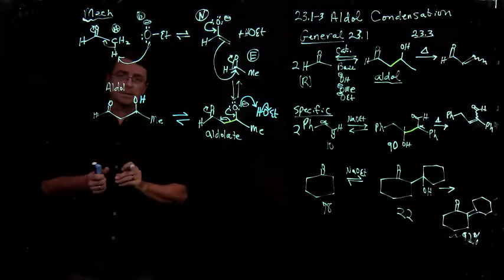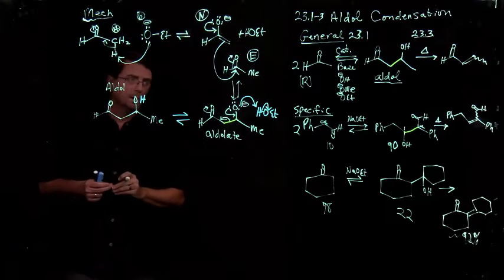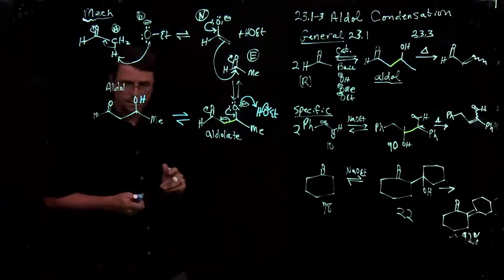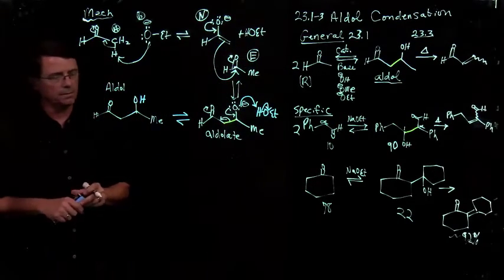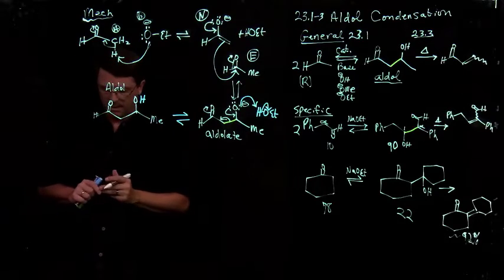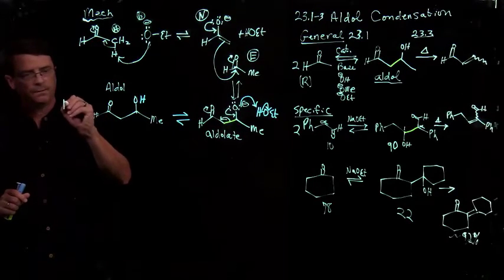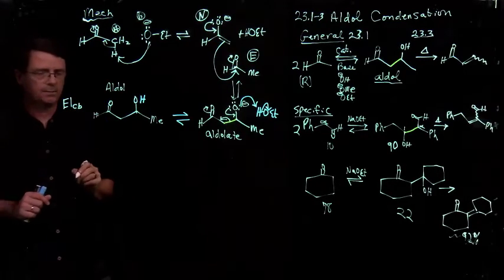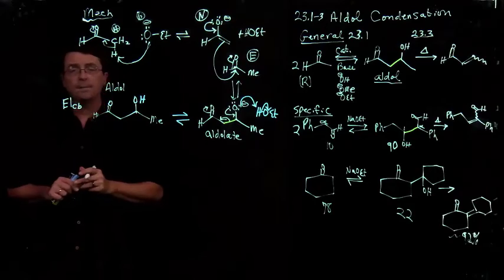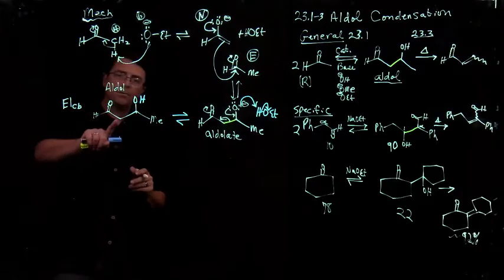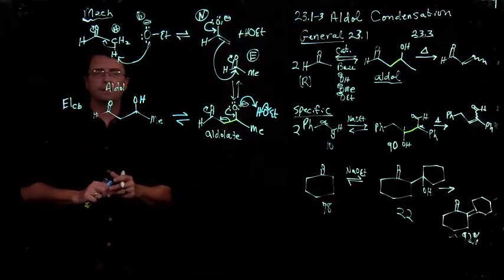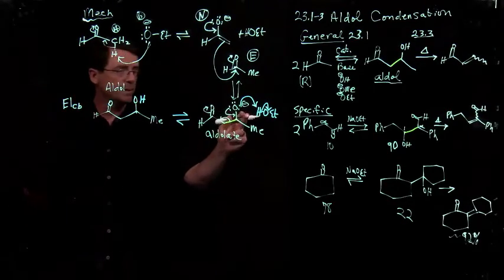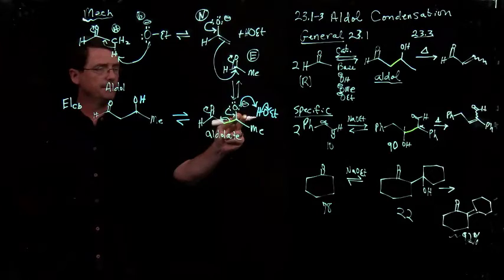When we get to this point, how do we get beyond that to the elimination product and what goes on? Well, this elimination is a new kind of mechanism. It's the E1CB. That's the unimolecular elimination from the conjugate base. So first we need to form the conjugate base of this aldol product. Well, one conjugate base we already have up here, the aldolate. Okay?